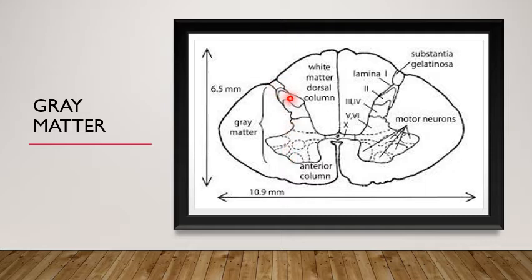Here you can see a narrow elongated posterior gray column. It's also called dorsal gray column. Now the gray matter of the right and the left halves, both the sides, in your textbook diagrams also you'll be seeing this part, the junction, is called the gray commissure.